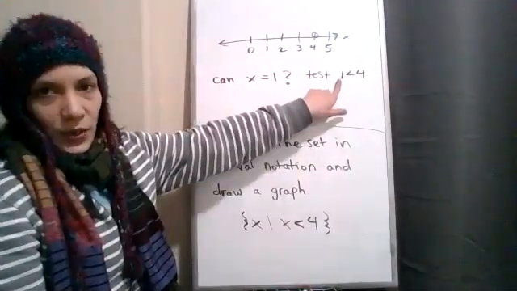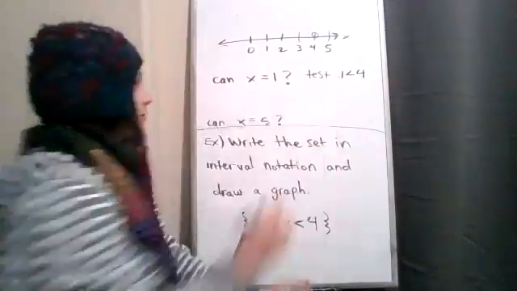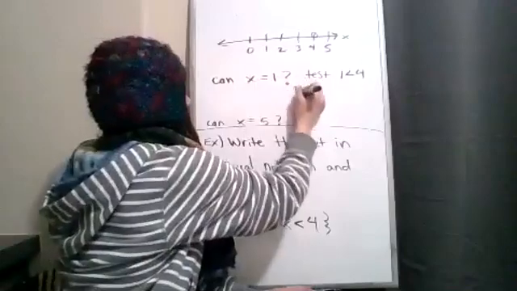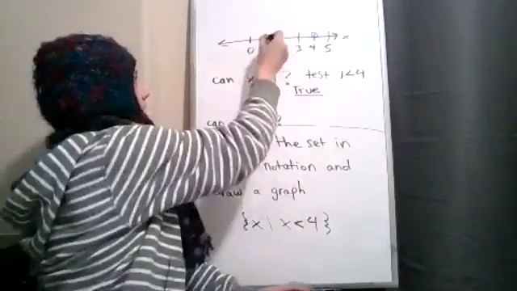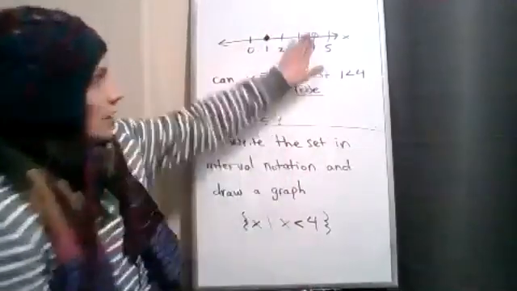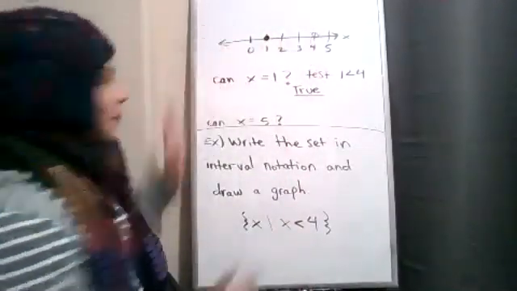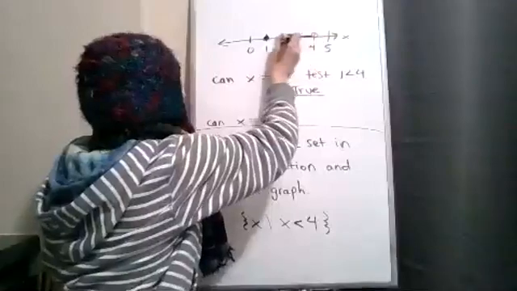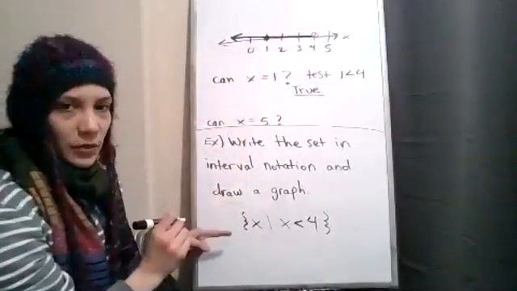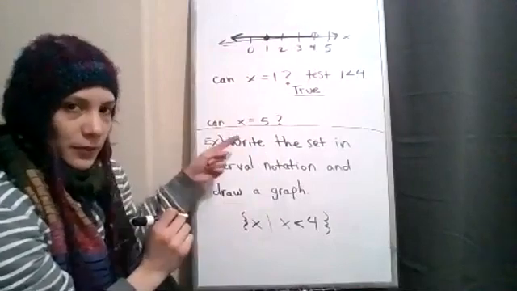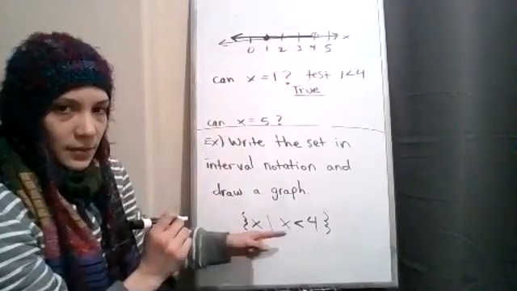Yep, 1's less than 4. So that's true. We're going to have this in our set, and actually all values on that side will make that statement true.